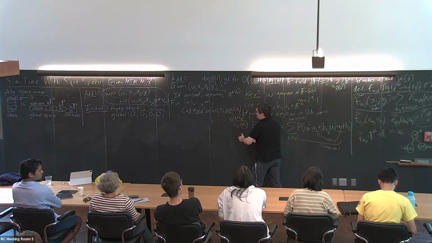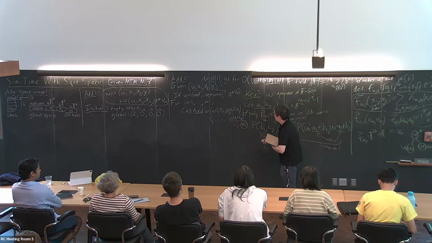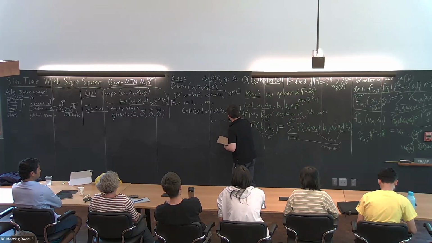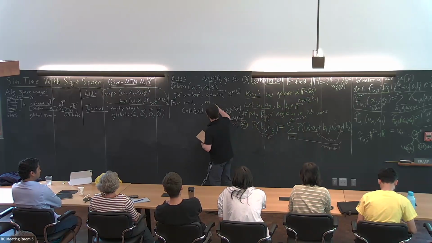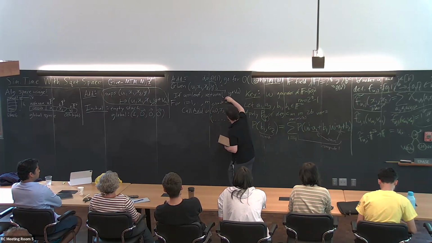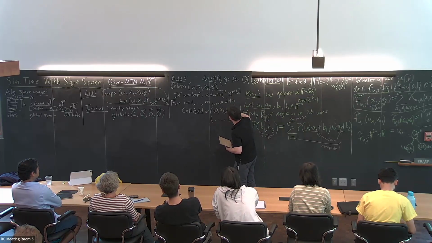Wait, you cannot say that omega to the i times x1 is a register, so I'm guessing you are passing down some... What do you mean? No, I'm going to multiply. I multiply omega to the i in x1.